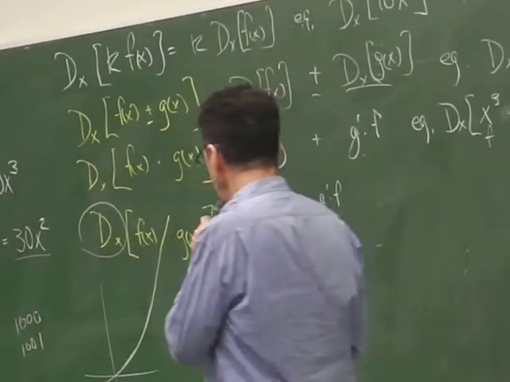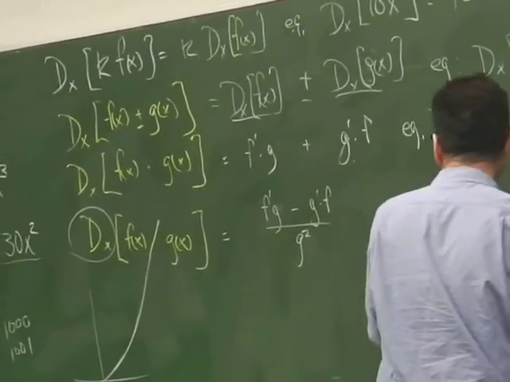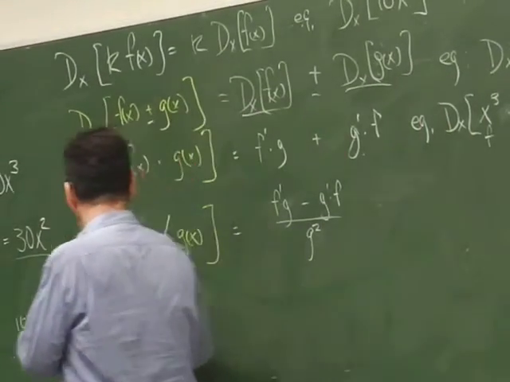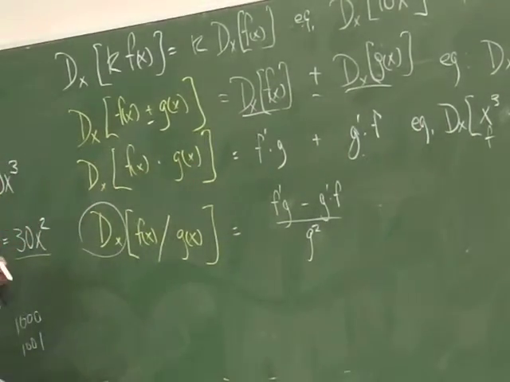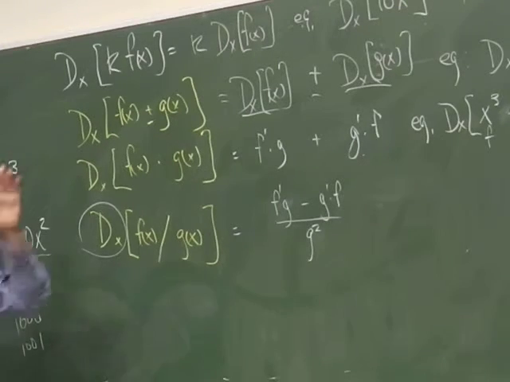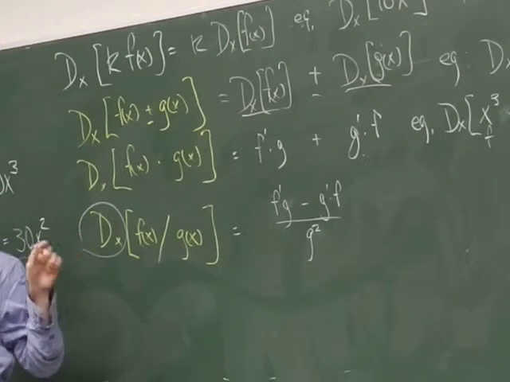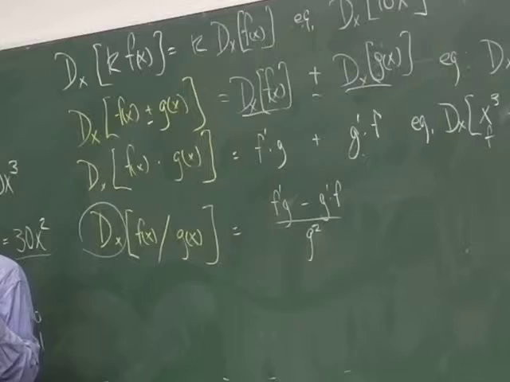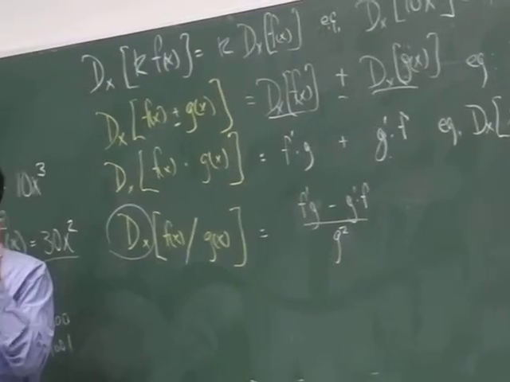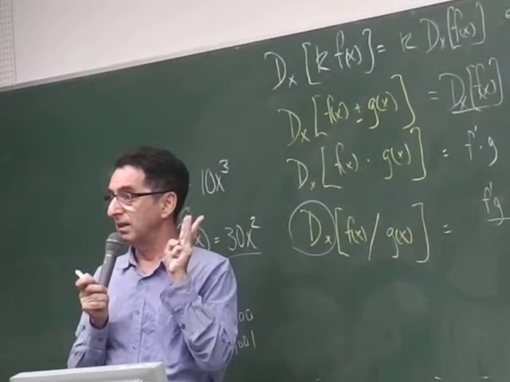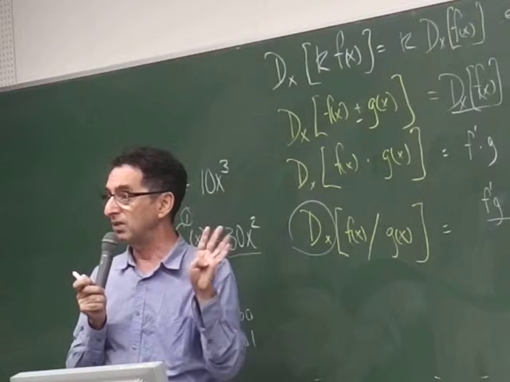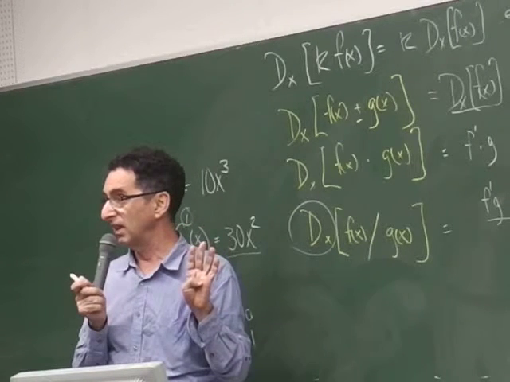Okay, and then we had one more. I said that really we're asking for the derivatives of the different operations. What do I mean by the different operations? Plus, minus, times, and divide. Those are 4 different operations, right?